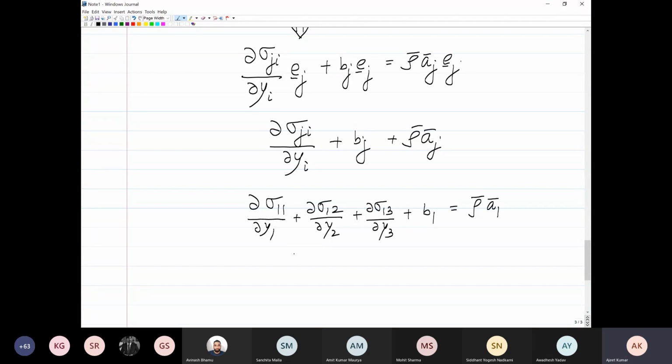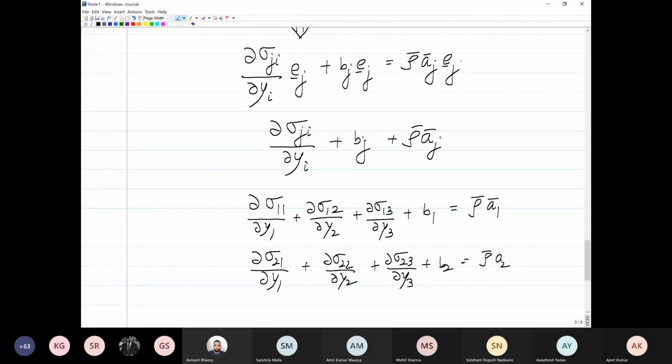Then likewise j equal to 2: del sigma 21 over del y1 plus del sigma 22 over del y2 plus del sigma 23 over del y3 plus b2 is equal to rho times acceleration 2, and finally del sigma 31 over del y1 plus del sigma 32 over del y2 plus del sigma 33 over del y3 plus b3 is equal to rho times the third component of acceleration.